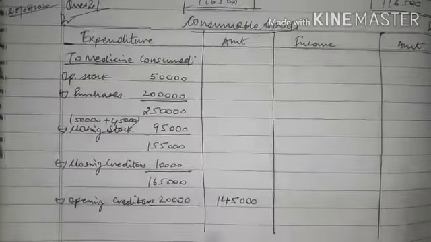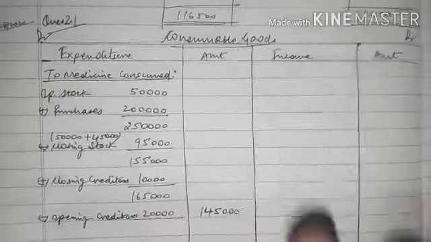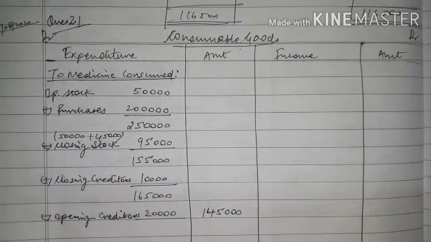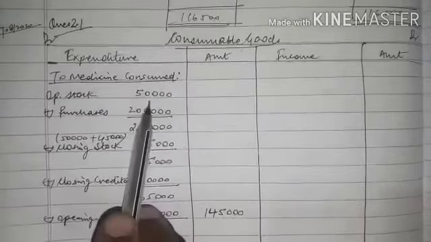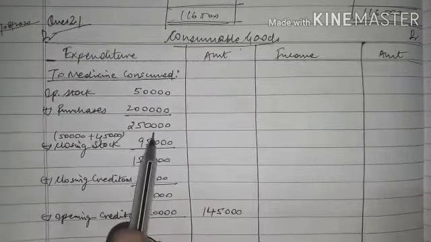First you will be drawing the format of income expenditure account, and in this you will be showing on the expenditure side how much medicines are consumed. First you will be writing opening stock 50,000, purchases 2 lakh, that is 2,50,000.